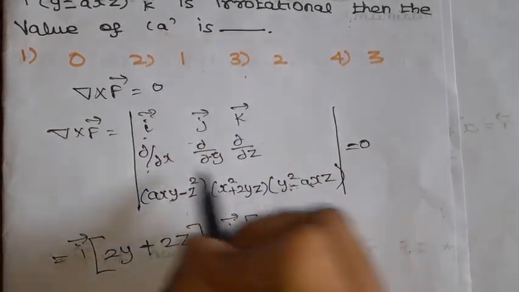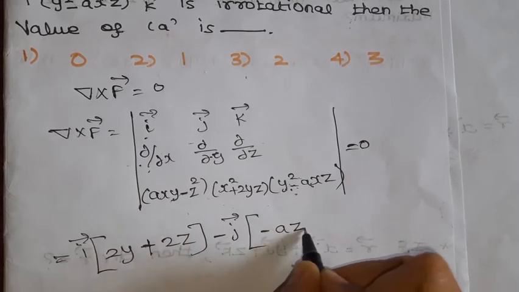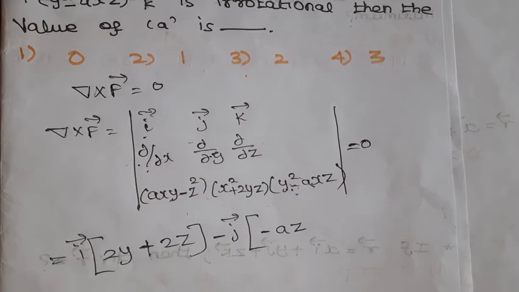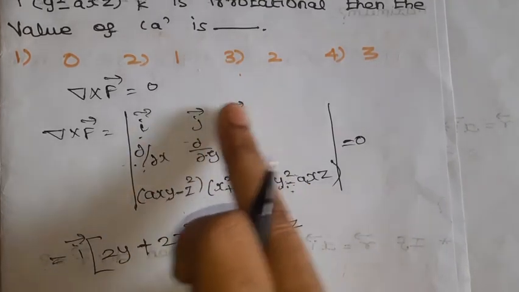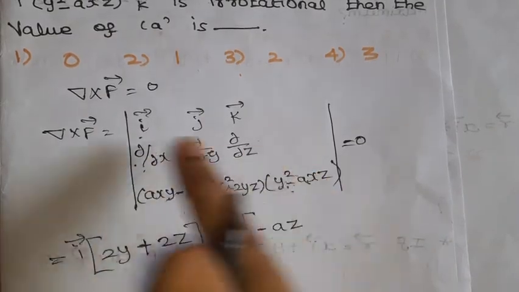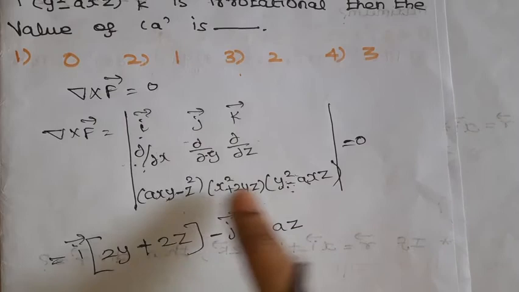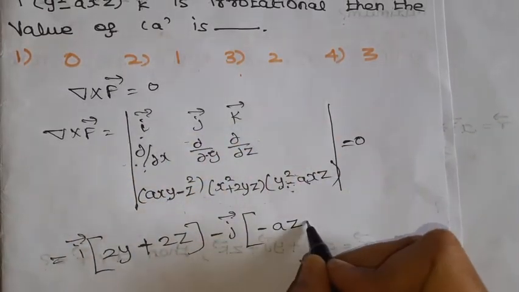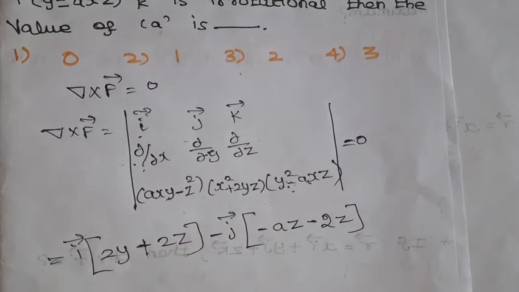Minus j means expand: dou by dou x of this we will get minus az. Minus a, yes, then this one with respect to z gives minus 2z, right?